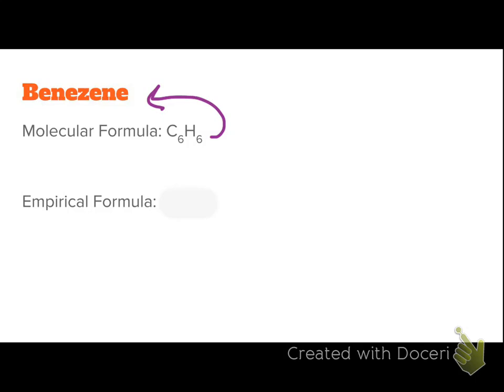However, the empirical formula, remember that definition we just did a slide ago, it's the simplest form. So you're probably thinking, how do I make this simpler than what it already is? Well, if you divide everything by 6, we could come up with the simplest form of this compound. It's CH.